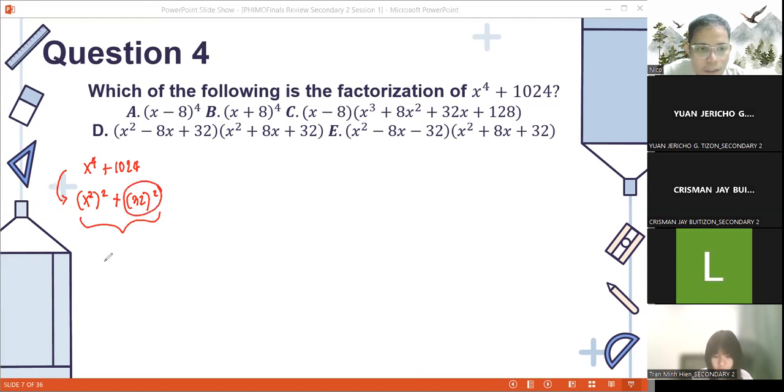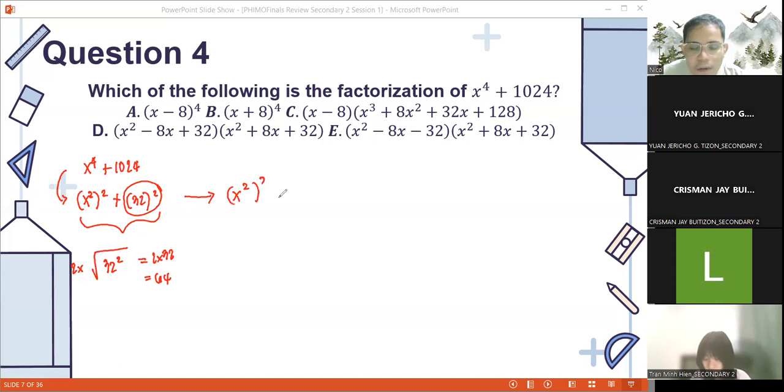We take this value here, 32 squared, take the square root of that, and then multiply by 2. So that is 32 times 2, that's 64. Then this is x squared here, so we have 64x squared. So meaning, we can have this one as (x squared) squared plus 64x squared plus 32 squared minus 64x squared.